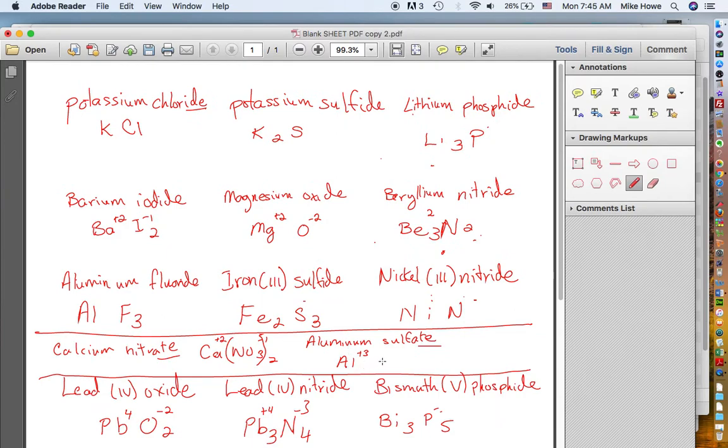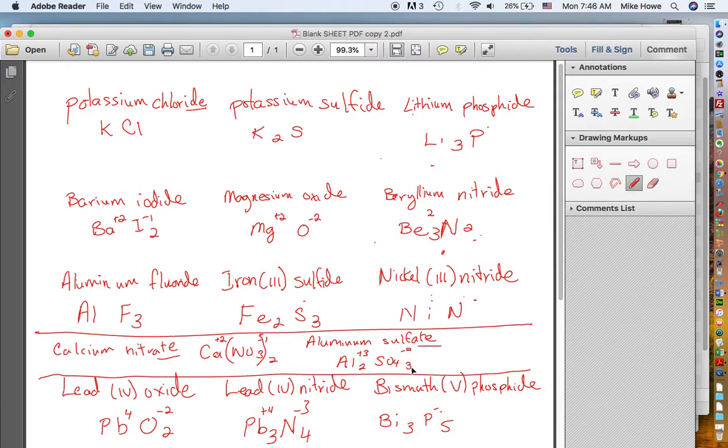So we're going to write in SO4, and it's going to have a -2 charge. So now we need a least common multiple of 3 and 2, which we've already said is 6. So you're going to put a 2 here. 2 times 3 makes 6, and you put a 3 down here because 2 times 3 equals 6.